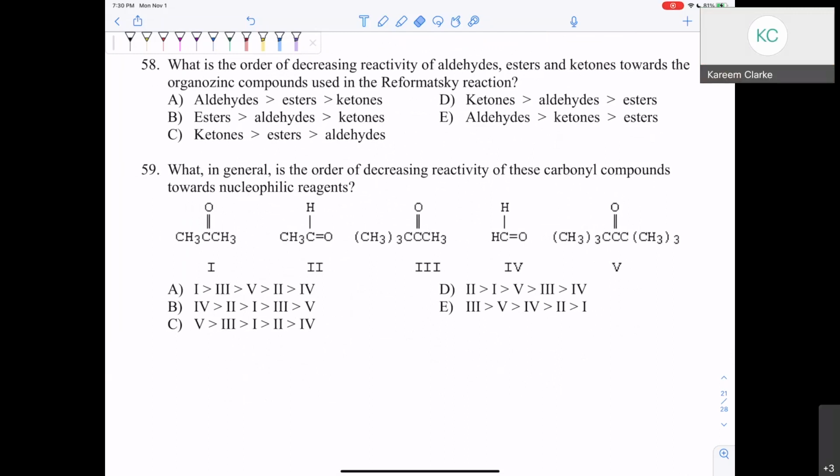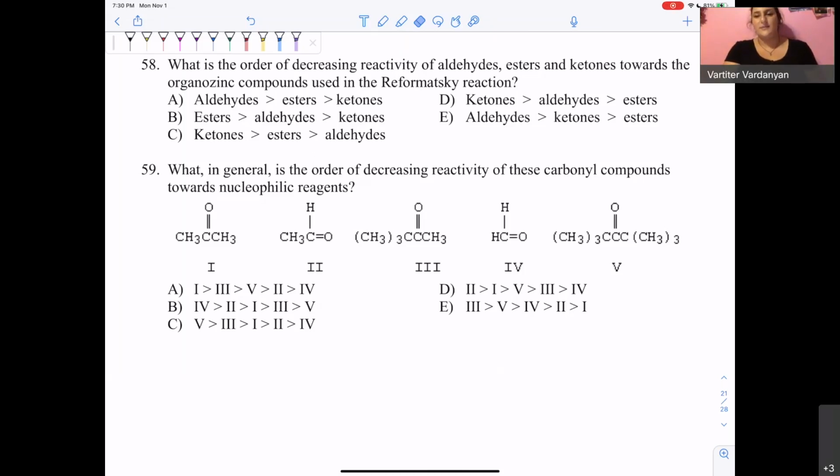So IV is the least sterically hindered. I want to say that's formaldehyde. Yeah, so formaldehyde is the least sterically hindered.